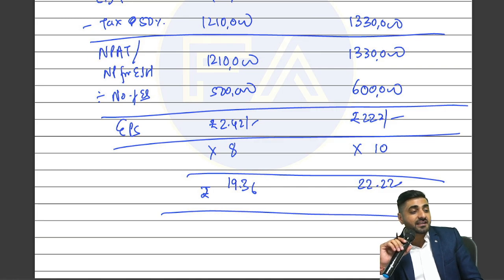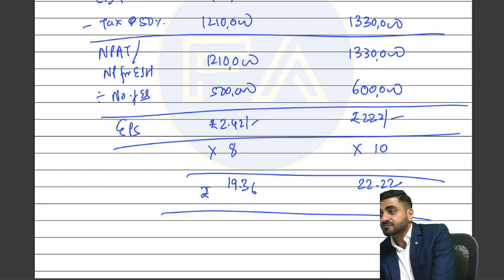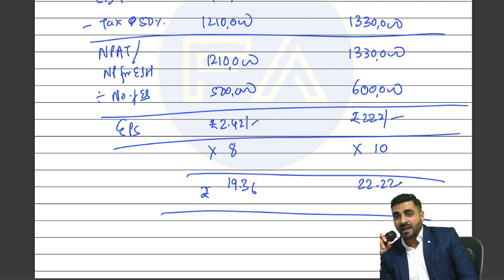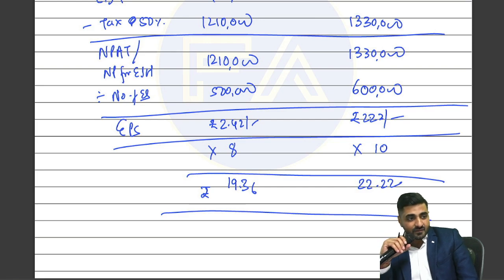The perfect example for understanding this: on the basis of EPS, which plan looks better here, but on the basis of maximizing wealth of equity shareholders, plan 1 or plan 2?